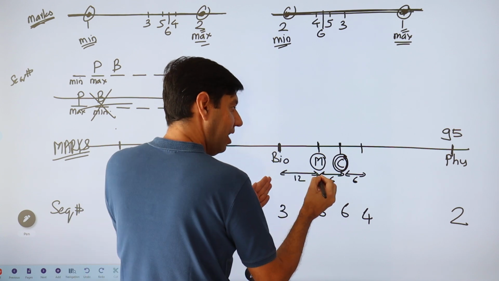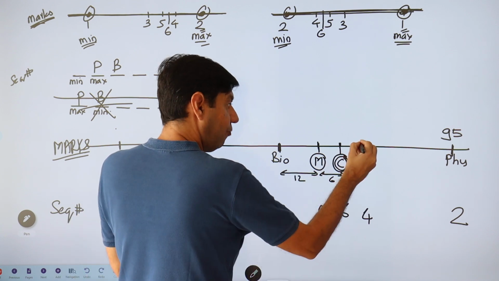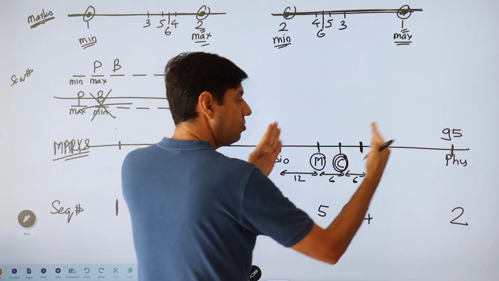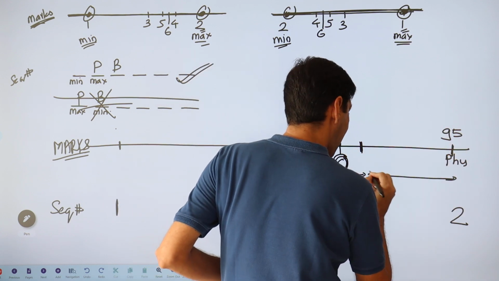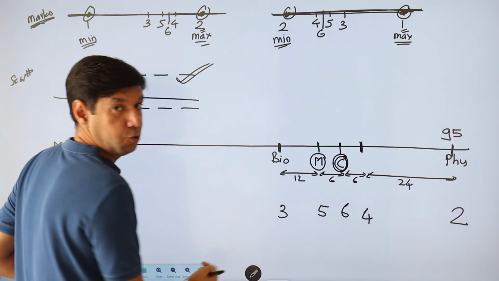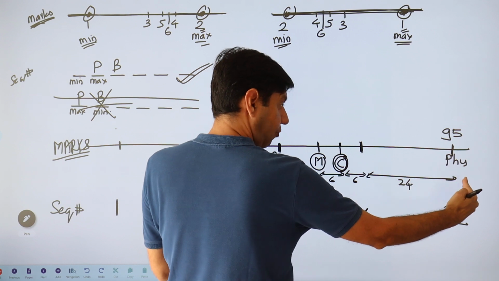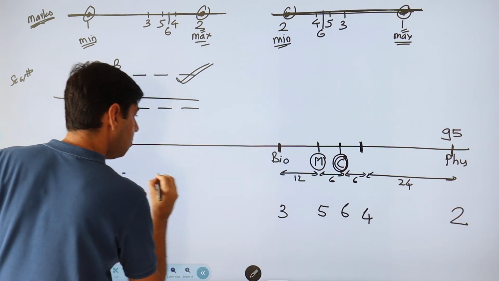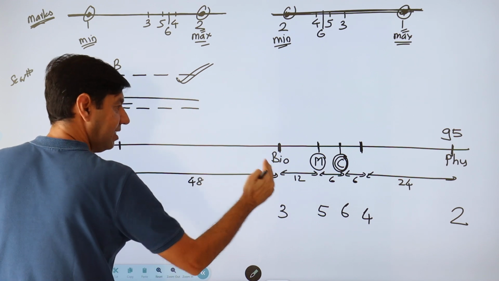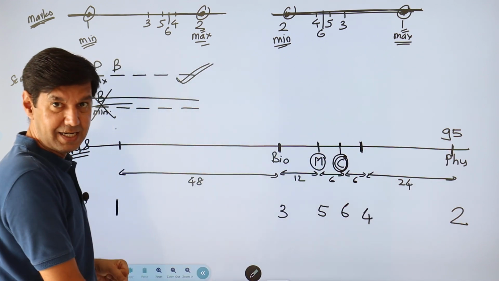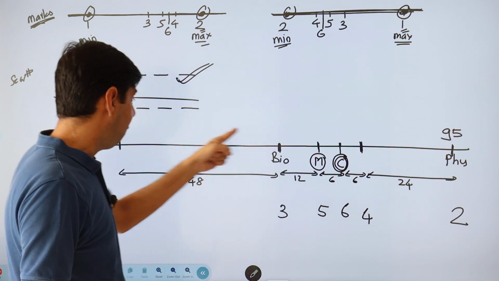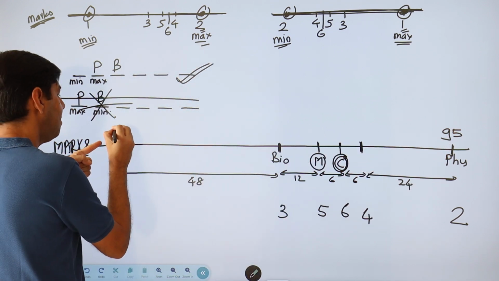And if this is 12, this fourth is the mid of the second and third, so this is 24 and this will also be 24. And if this is 24, the third is the mid of the first and second. So if this half is 48, this half will also be 48. And if this is 48, the total is 48 into 2, 96. 95 minus 96 will give me a -1.